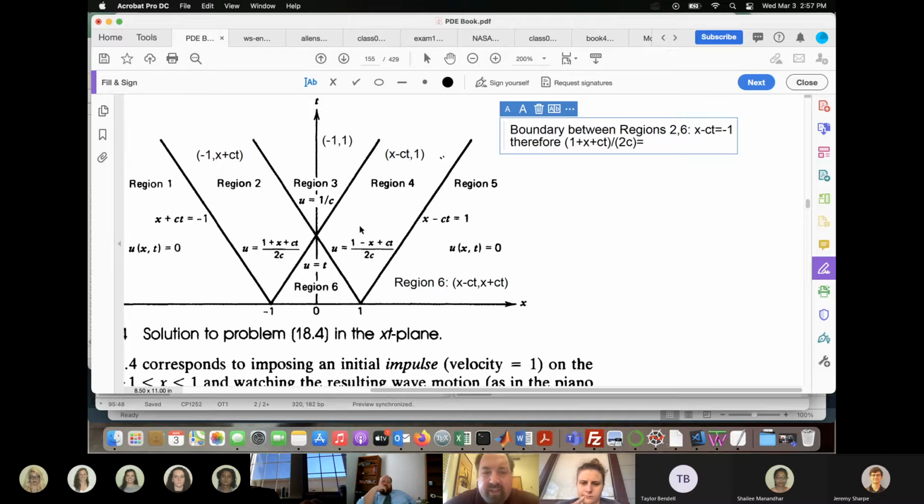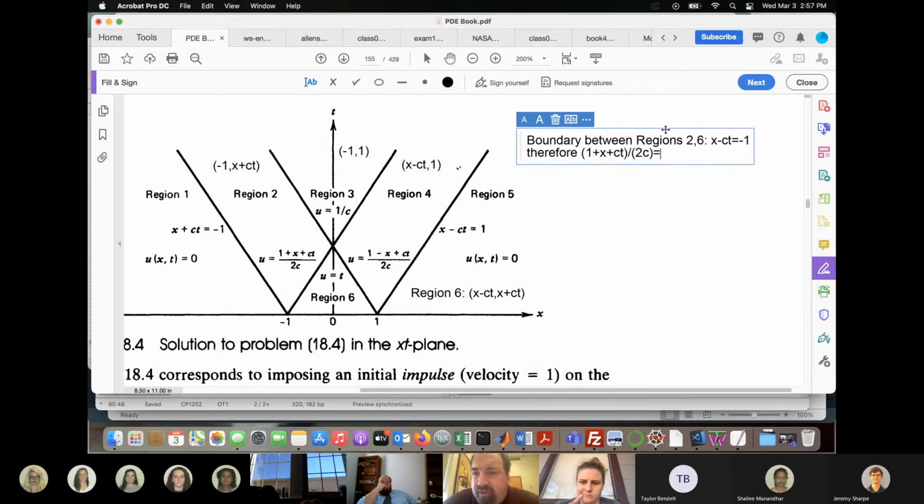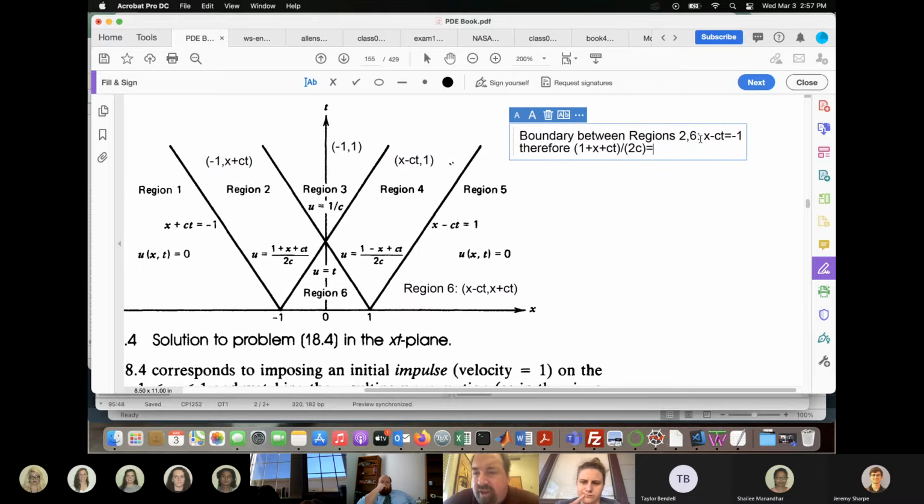If I figure out what that is, in this case, x minus ct is equal to minus 1. I can use this to solve for x. So x is equal to minus 1 plus ct.